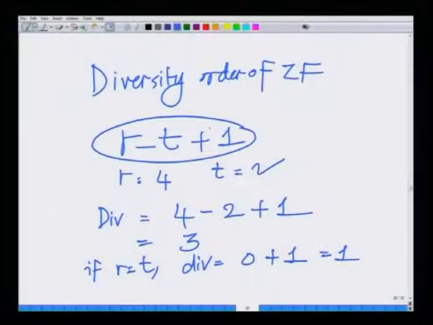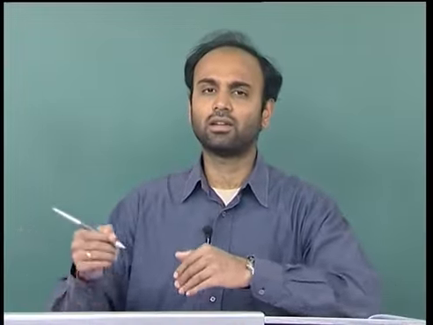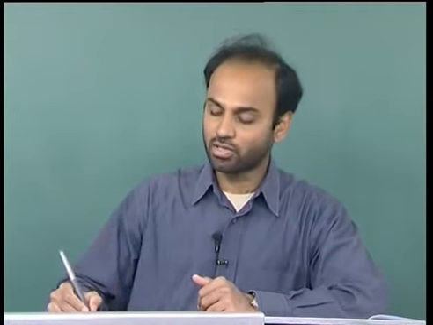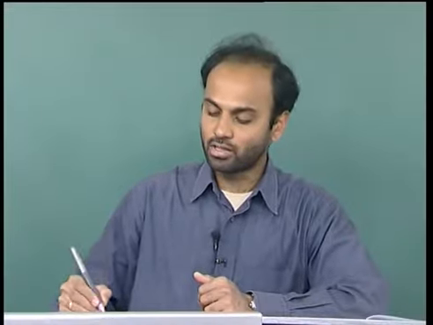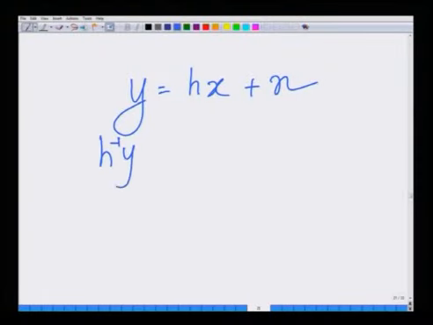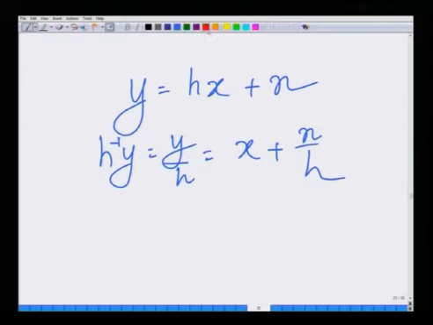So, the diversity order of this zero forcing receiver is in fact very poor, and the reason is as follows: it results in what is known as noise amplification. I will illustrate this with a simple case. Let us come down from MIMO to the simple case of SISO, a single channel y equals hx plus n. Now, I am literally inverting this channel, dividing by h. So, my receiver is h inverse y or y by h, which equals x plus n by h.